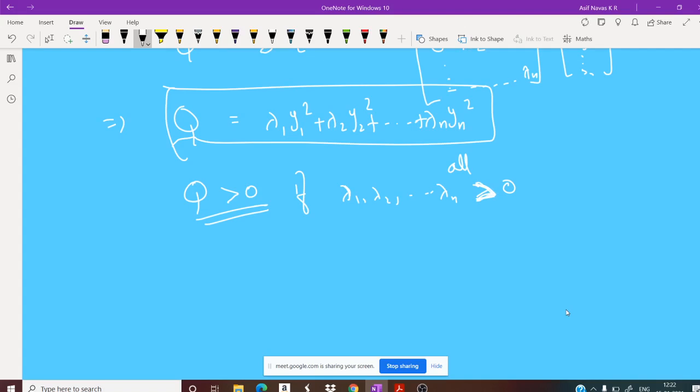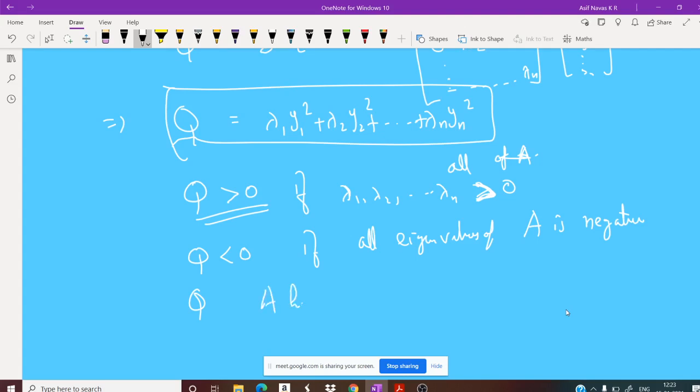That means if all eigenvalues of A are greater than 0, then Q is positive, and Q is always negative if all eigenvalues of A are negative, and Q takes both positive and negative values if A has both positive and negative eigenvalues.